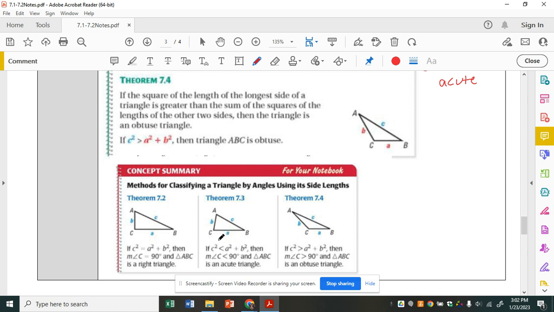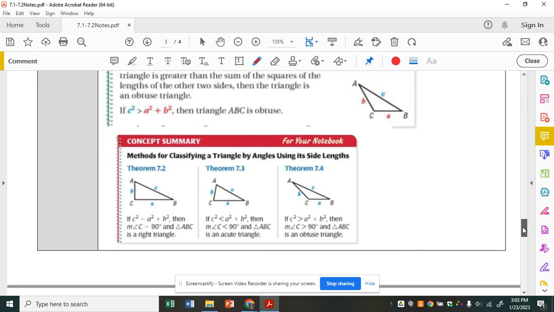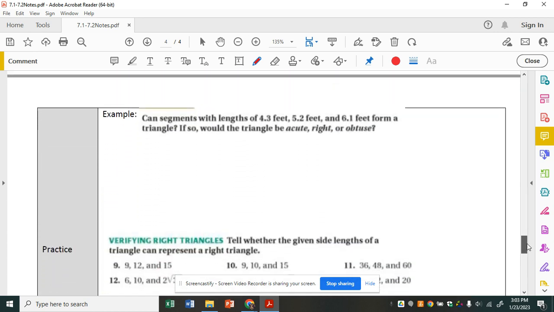If your hypotenuse squared is smaller than the sum of your legs squared, then you have an acute triangle. And if your hypotenuse squared is larger than the sum of your two legs squared, then you would have an obtuse triangle. So let's see these done out here.